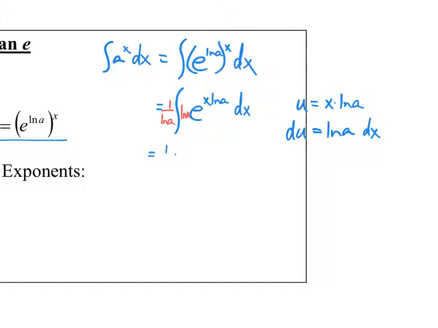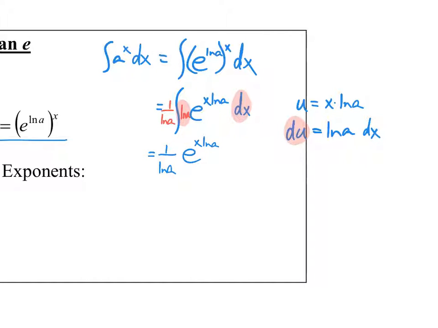Now I have 1 over ln of a, and the integral of e to the u is e to the u. Remember that this is our du. So the integral of e to the u du is e to the u. So it's e to the x ln of a.